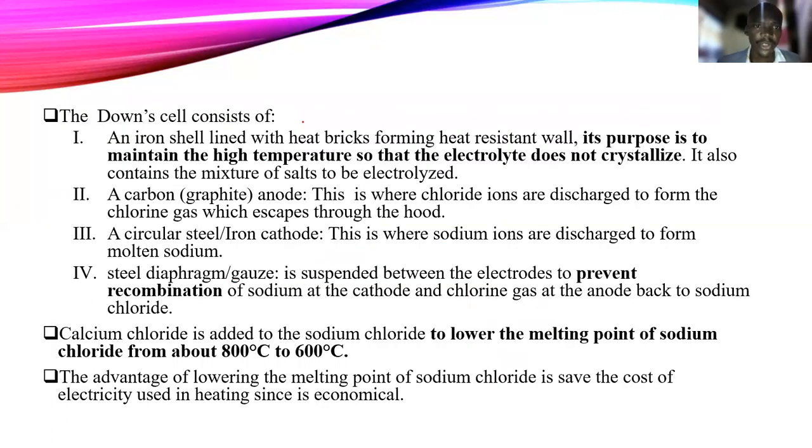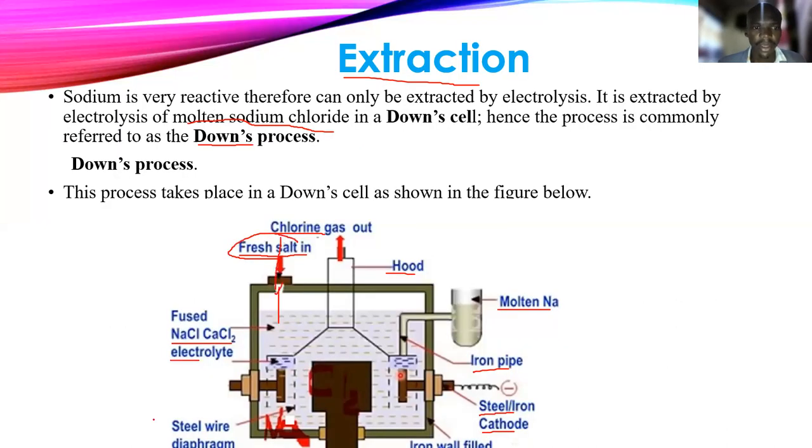The Downs cell consists of the following. We have the iron shell, lined with heat bricks, forming heat resistant walls. So if you come back, we have this thing called the Downs cell.